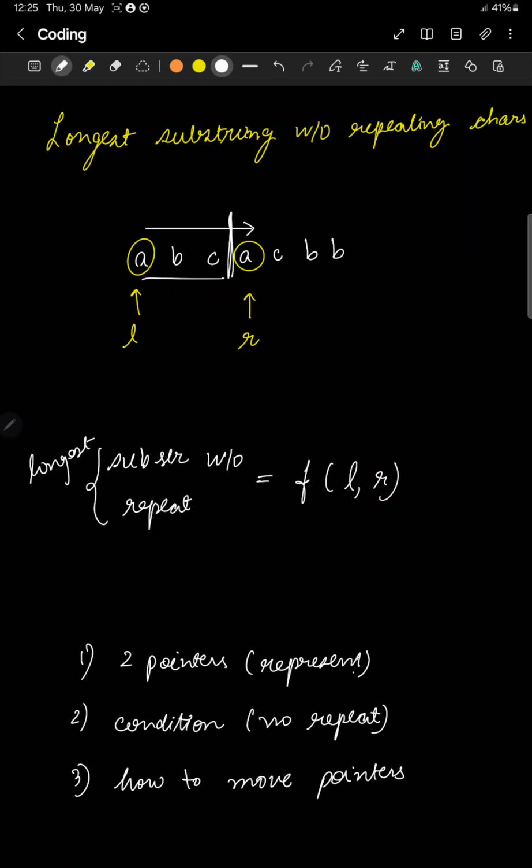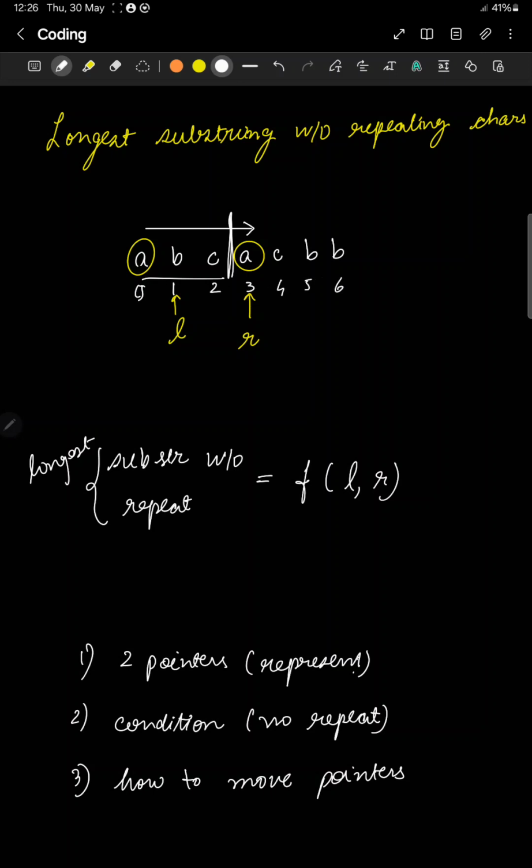Once I have exhausted all the possible conditions with one variable, I should move that, right? So it makes sense to move the left pointer forward because we have found the best possible answer with the left pointer at the 0th index. Let's say we have these indices.